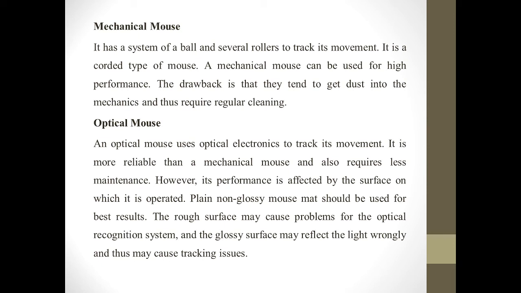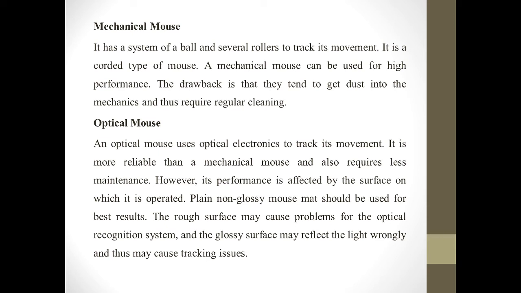An optical mouse uses optical electronics to track its movement. It is more reliable than a mechanical mouse and also requires less maintenance. However, its performance is affected by the surface on which it is operated.